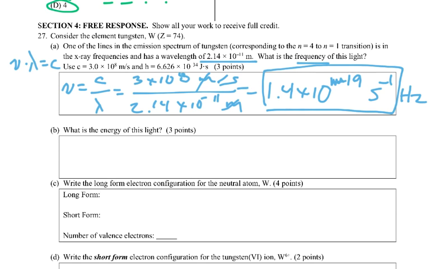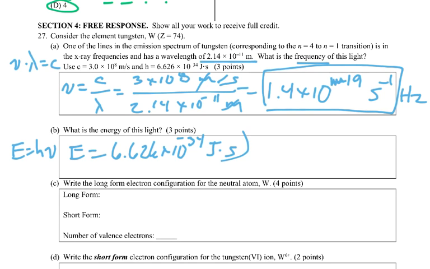Now what's the energy of this light? So we know energy is equal to h times nu. And so energy is equal to 6.626 times 10 to the negative 34 joules times seconds. And this whole thing is times 1.4 times 10 to the 19th seconds to the minus 1.